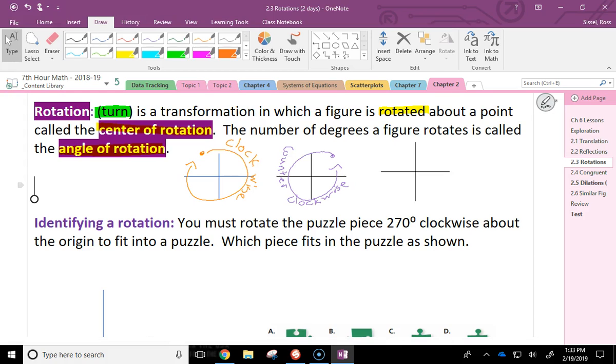The last one is we're going to talk about the degrees. The angle of rotation is kind of what we talked about, how many degrees. We're going to make it very simple to start off with. We're going to say 1 turn, 2 turns, 3 turns, 4 turns. But we're basing that off of that this is really a circle. And a circle is 360 degrees.